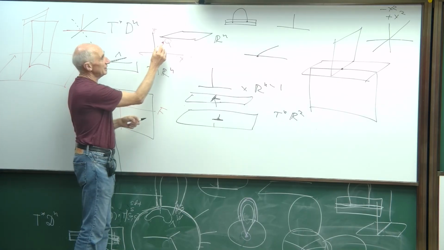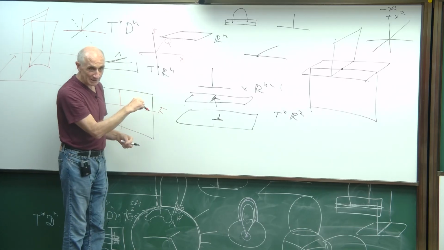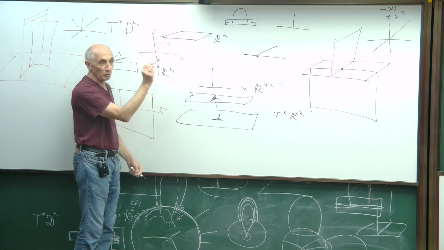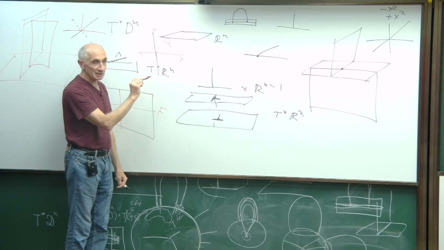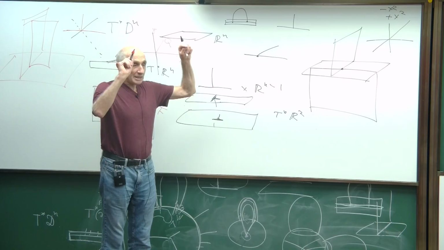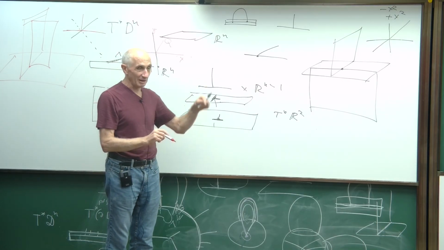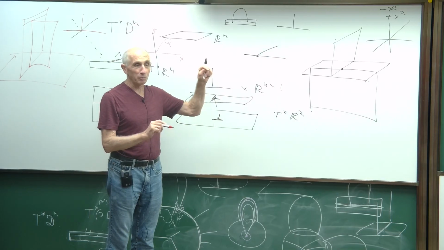And we ask, is it plus x squared or minus x squared? If it's plus x squared, then we say this is a positive singularity. If minus x squared, it's a negative singularity. So let's assume once and for all that we require all singularities, whenever they appear, to be positive.